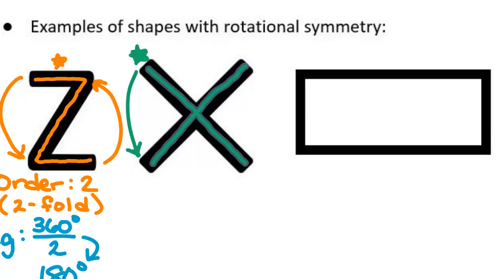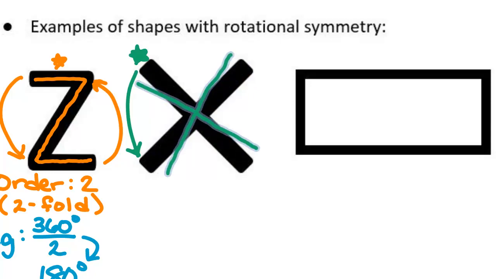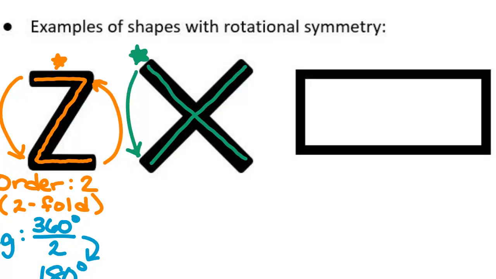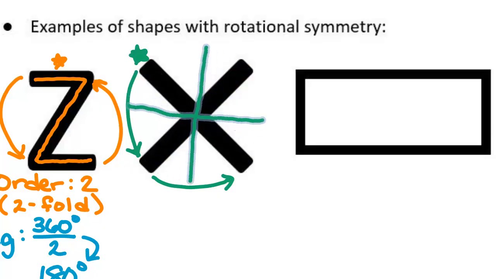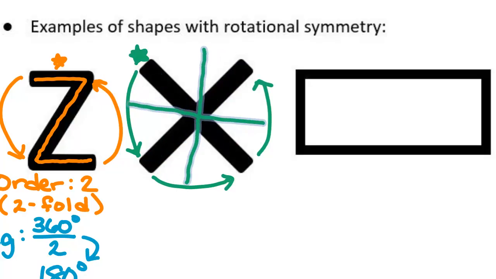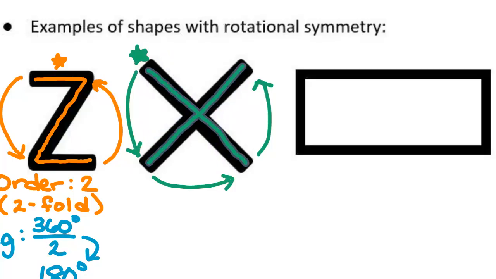Can I keep going with my rotation? Can I get it to land on top of itself again? Yes. Lands on top of itself here. So that's 2. And then rotate again, lands on top of itself here. And then to get back to where I started, rotate.